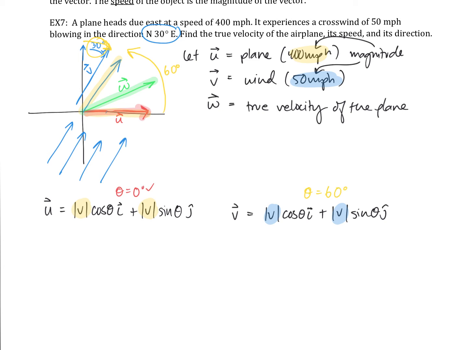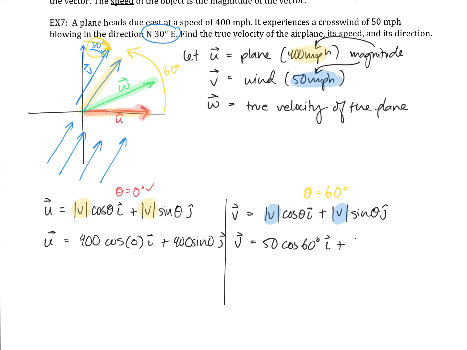Alright, so let's go ahead and plug those in. So u is going to equal our magnitude 400 times cosine of 0, i, plus the magnitude, sine of 0, j. Oops, it is squishing into the other one there. v is going to equal our magnitude 50, cosine of 60 degrees, i, plus our magnitude again, sine of 60 degrees, j.